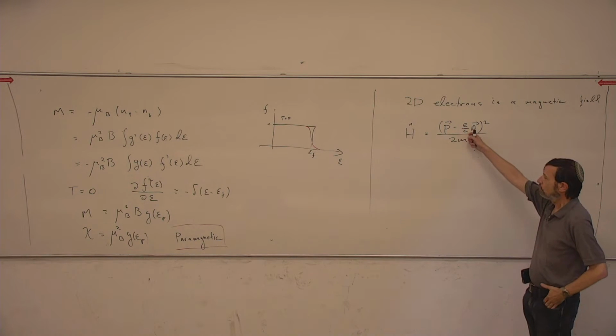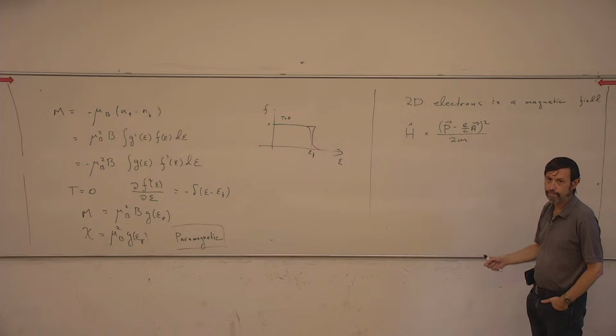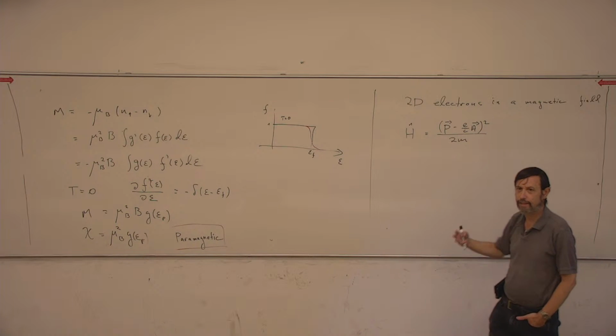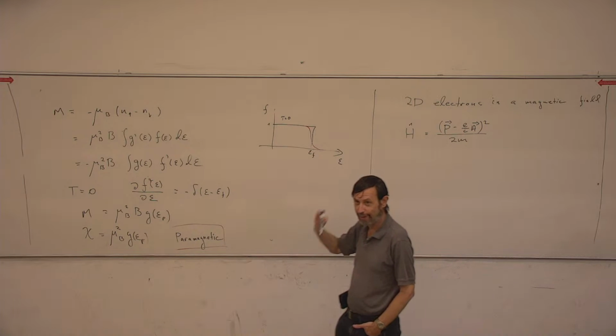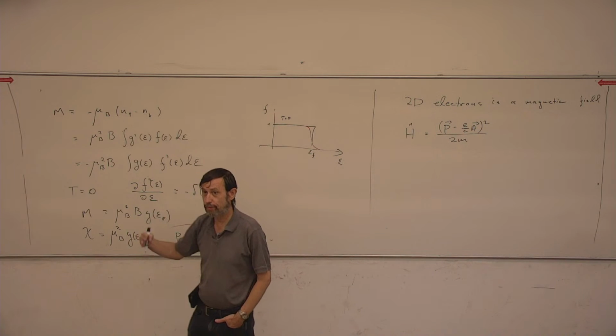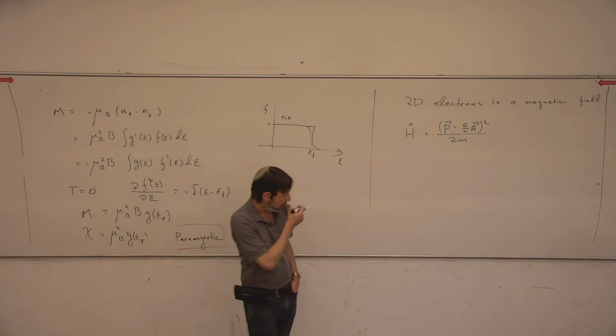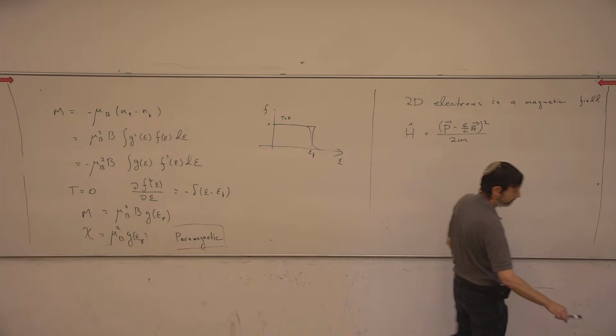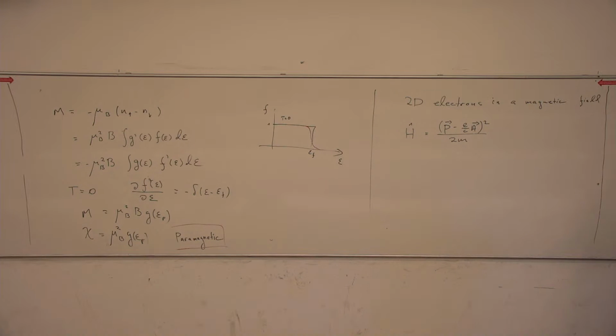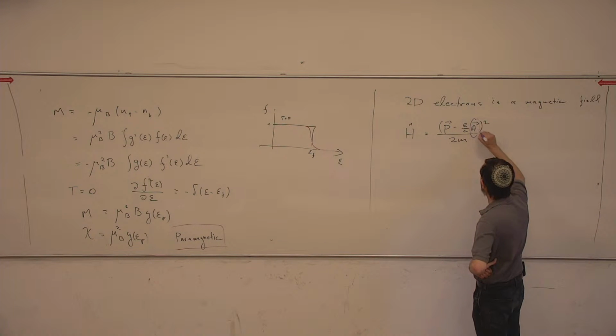So, what is A? The vector potential? The vector potential you have seen in analytic mechanics. That's the way you write the Hamiltonian if you have a magnetic field system. So A is the vector potential.